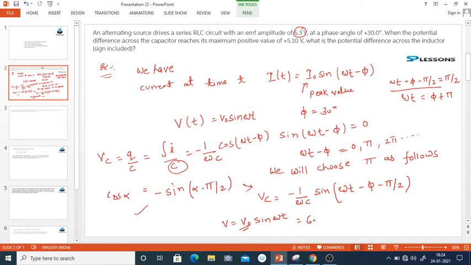So we can put this value: 6.3 sine of omega t, okay, plus pi, or we can write 180 plus 30 degree. Okay, so the angle is 210 degree, and the value is equals to minus 3.15.